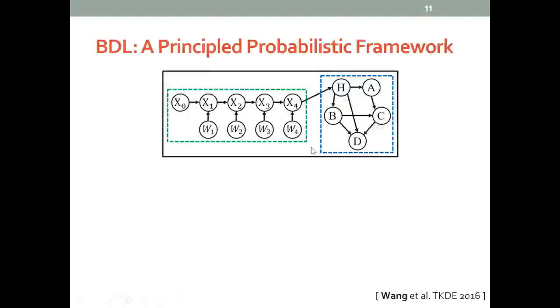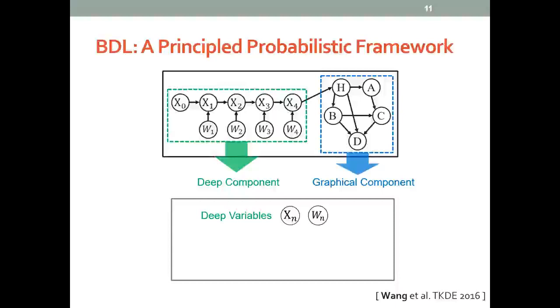And formally, we can represent all these Bayesian deep learning models using a graphical model, where we have a deep component and a graphical component connected to each other to enable information exchange. And here, we partition the variables into three sets. We have the deep variables, which are usually the variables inside the deep component. And these variables are drawn from relatively simple distributions to ensure computational efficiency.